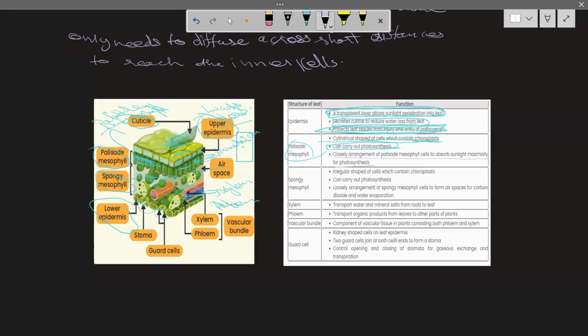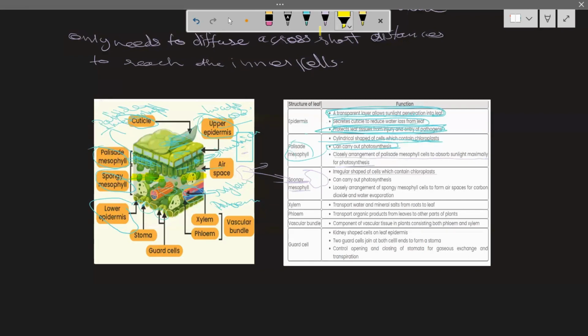Then after the palisade mesophyll, spongy mesophyll cells come. So what do the spongy mesophyll cells do? They are irregularly shaped cells which contain chloroplast. They are not cylindrical, but as you can see, irregular, like this part which I have highlighted.